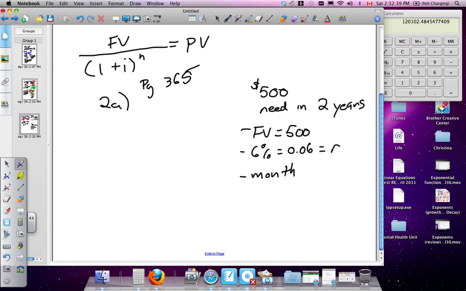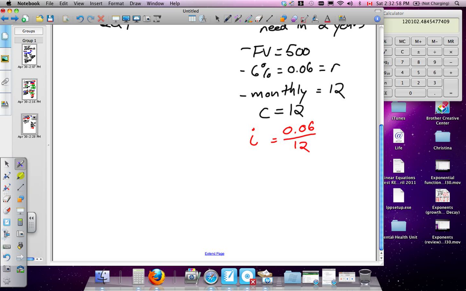Monthly means 12. So that means our C is equal to 12. Now we can find our I by dividing by 12. And we can also find our N by figuring out the number of years. We're doing 2 years, and we'll multiply by 12. Okay, so that was our I and our N.